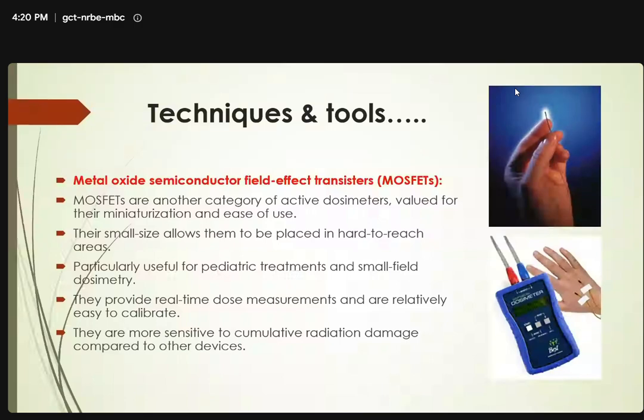So in the picture you can see some tiny MOSFETs, and they are placed on the skin of any patient or human, and we can check the dose received by that particular area. Their small size allows them to be placed in hard to reach areas, particularly useful for pediatric treatment and small field dosimetry.